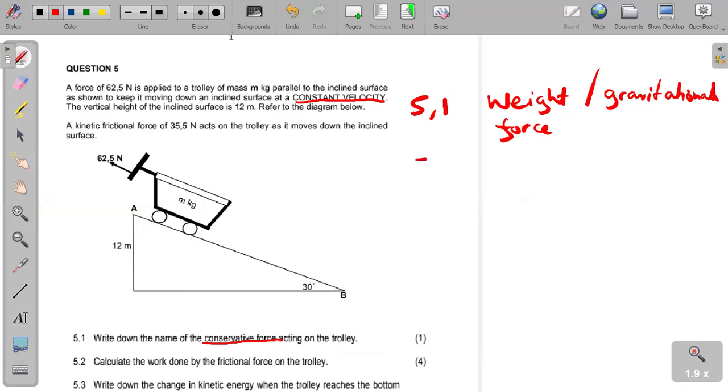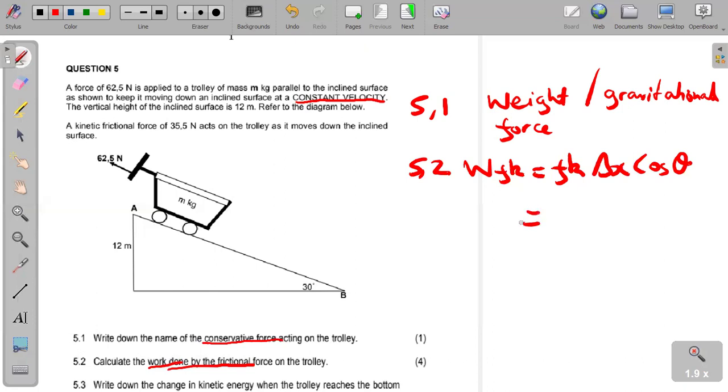Let's go to 5.2. It says, calculate the work done by the kinetic frictional force. Work done by the kinetic frictional force is given by kinetic frictional force Fk multiplied by delta x multiplied by cos theta.